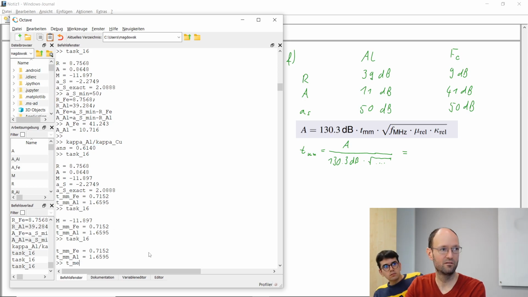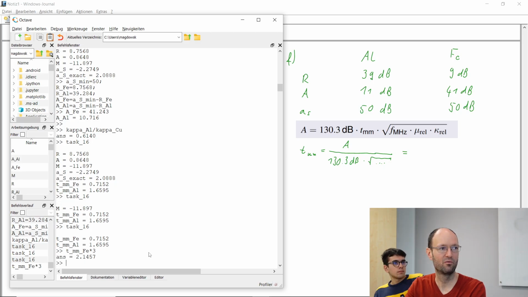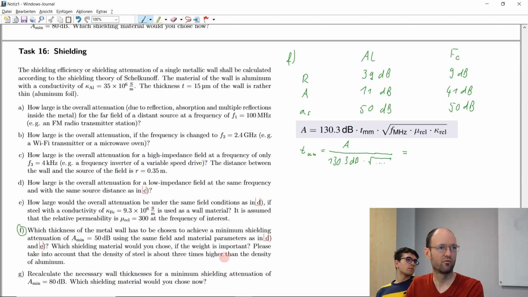If I take the steel and multiply this by 3, then it would be thicker than the aluminum. So the aluminum 1.6 is lighter, would be better in this case. Aluminum is thicker, but it's still lighter. So here we would go for the aluminum.